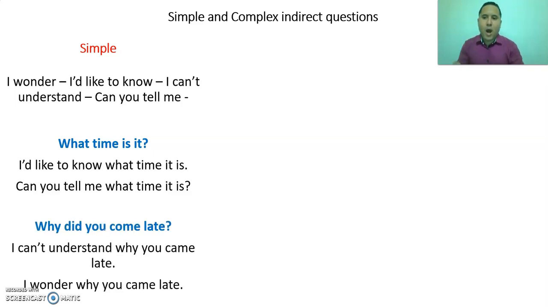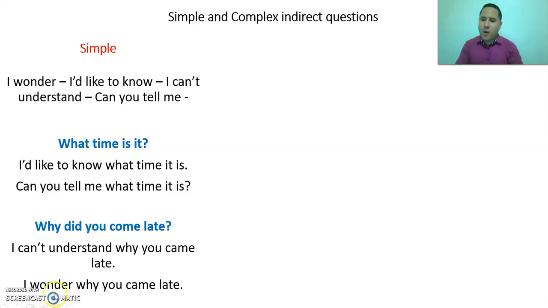Next, why did you come late? Look at this, guys, simple past. Why did you come late? Indirect question: I can't understand why you came late. Why? Because the question is in simple past. We drop the auxiliary and the verb come changes to came, simple past.